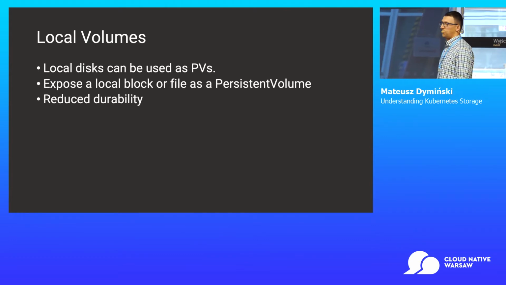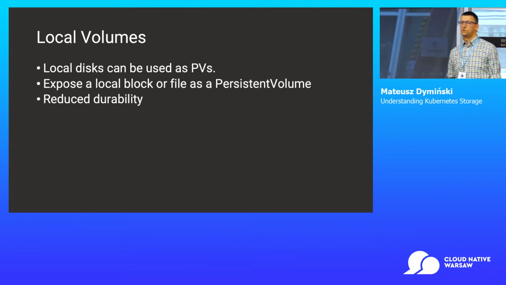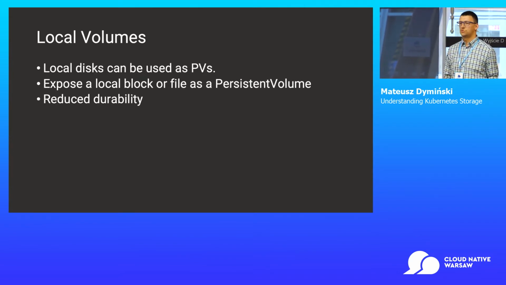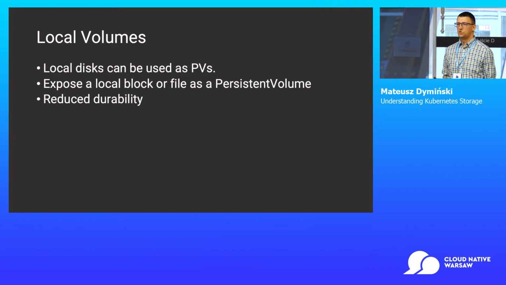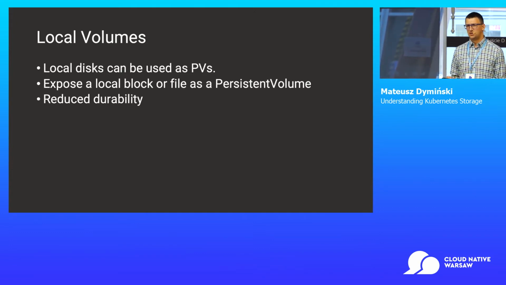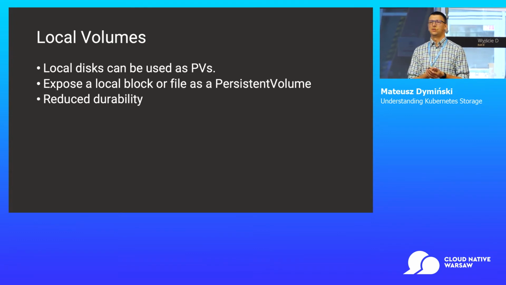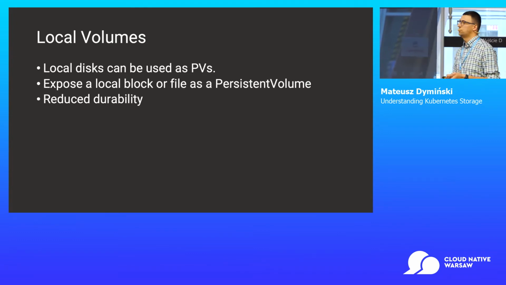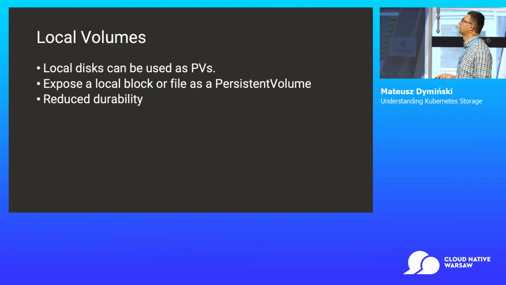But if we run applications like caches, where it's sometimes not very important and we can lose the data, it's really worth using. And sometimes if we have, for example, Cassandra or Kafka, which are replicated by design as an implementation detail of the particular technology, it's also sometimes worth using local volumes.